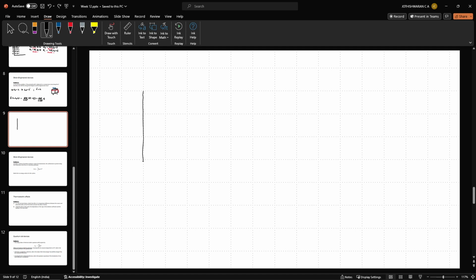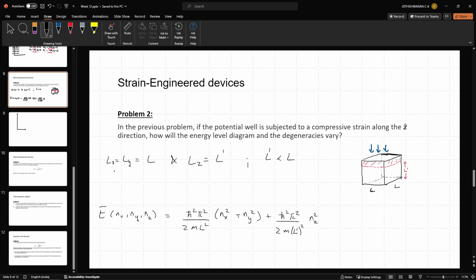First, I didn't need that long an x-axis. This will suffice. So now I'm going to write it in greater detail. So let me also say something like, let us say L dash is equal to, what is a good number?